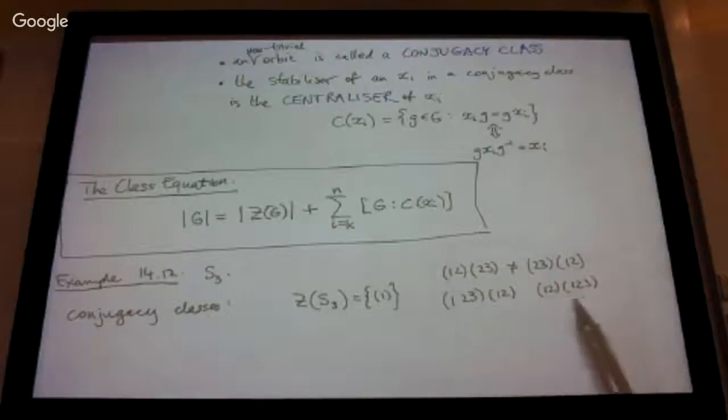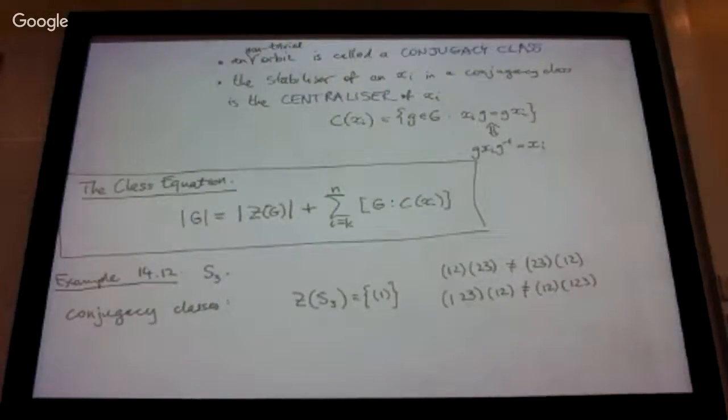Are they the same? 1 goes to 2, goes to 1. Whereas here, 1 goes to 2, goes to 3, so they're not the same. So (1 2 3) doesn't commute with everything. So (1 3 2) also doesn't commute with everything. So that's the center.